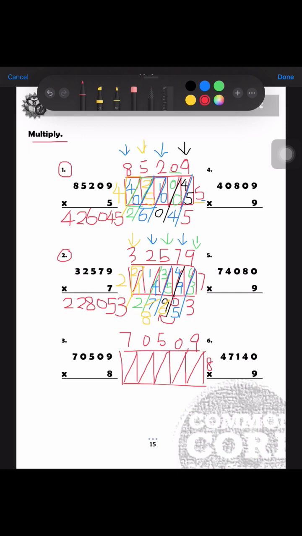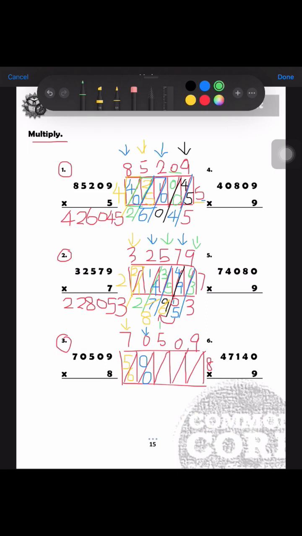Okay, so now we move on to the next question. Question 3. 70,509 times 8. So we multiply 7 by 8. 7 times 8 equals 56, so 56. Next, 0 times 8 equals 0, so 0, 0.